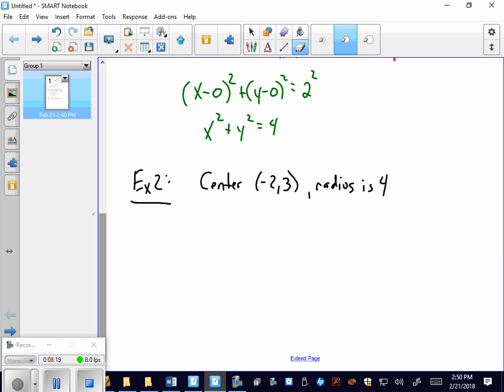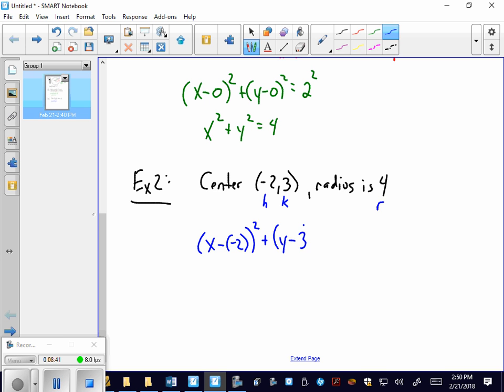And remember, it's x minus h. Here's h. Here's k. Here's r. So the equation of the circle, x minus. Now be careful because h is negative, so it's going to be x minus a -2 squared plus y minus the k value, which is 3, squared equals 4, which is the radius, squared.